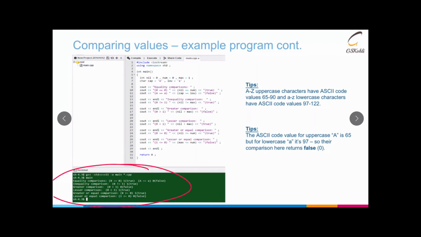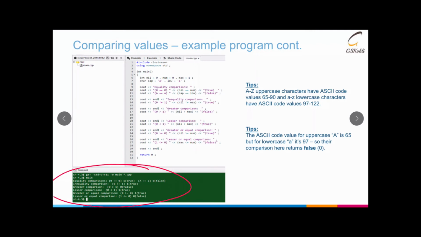The first tip is about uppercase letters: the uppercases are roughly 65 to 90, and the lowercase ASCII representations are 97 to 122. Hence, the lowercase a and the uppercase A are not considered numerically the same. As you can see in the second tip, the uppercase A is 65 and the lowercase one is 97. So please keep it in mind.